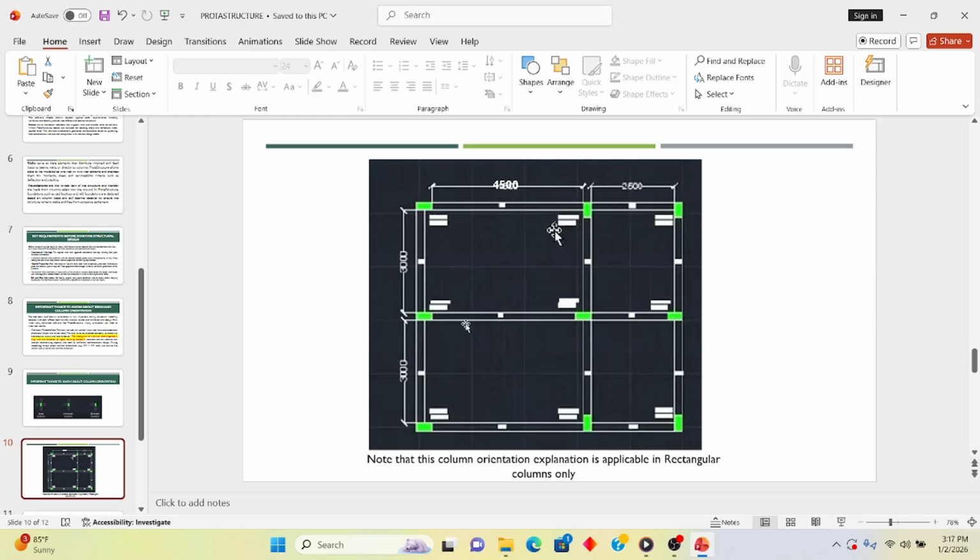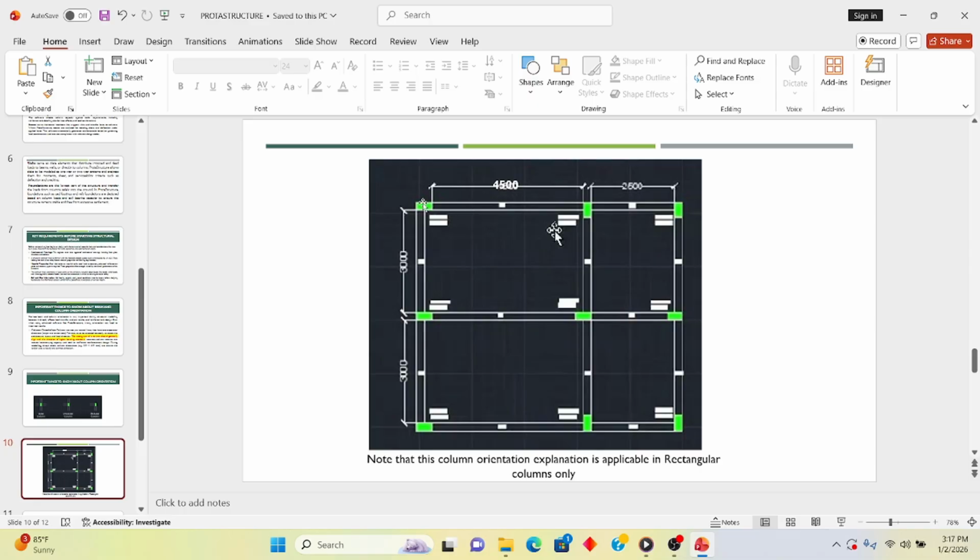Okay, so if you look at this floor plan and you look at how the columns are placed, you can determine which one is an axial column, which one is a uniaxial, and which one is a biaxial column, all from what I described to you.